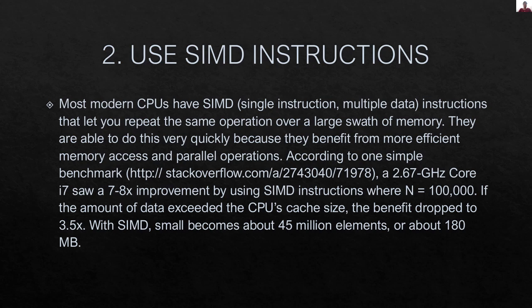According to the benchmark, a 2.67 GHz Core i7 saw a 7 to 8x improvement by using SIMD where n equals 100,000. If the amount of data exceeds the CPU cache size, the benefit drops to about 3x with SIMD. It is small because of 45 million elements, or about 180 megabytes.